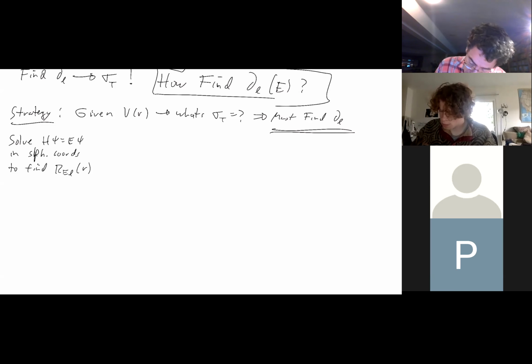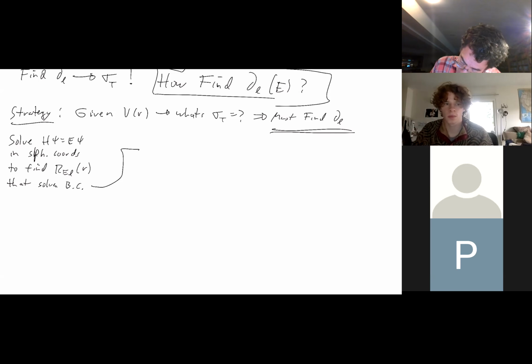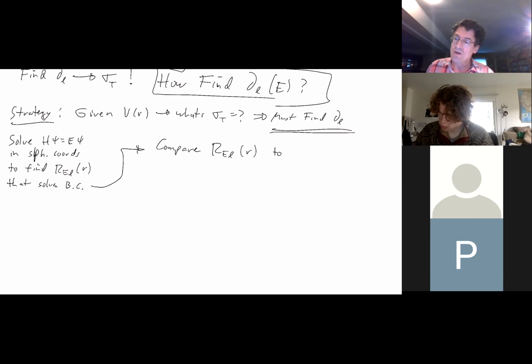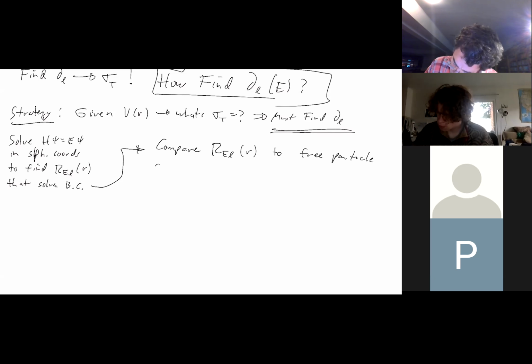You find the radial component that solves the boundary conditions. So you solve it, and then basically compare the solution that you found to the free particle solution. And what is the free particle solution?